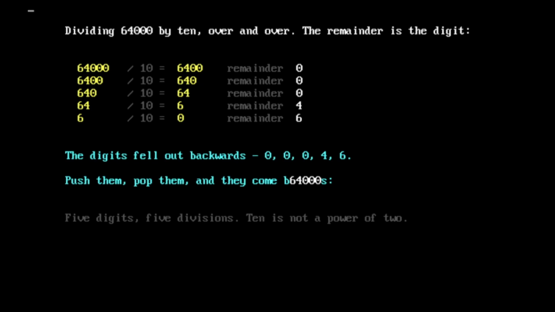Seven and 64,000. 5 digits, 5 divisions, and every divide on this machine is those 150 cycles.